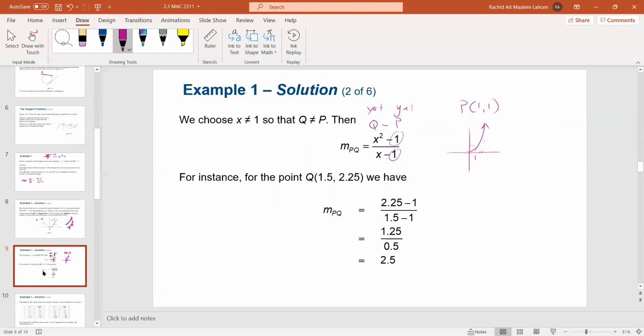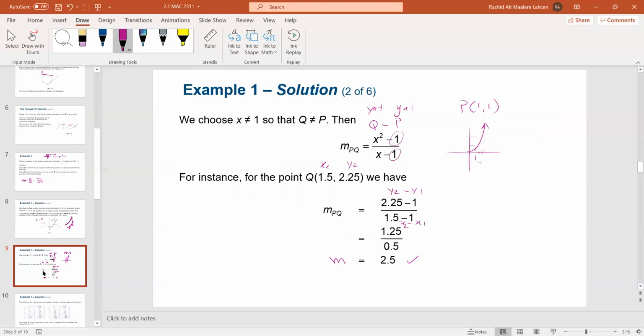We try to stay close, but some number after 1. So let's say we take 1.5. So this will be x2, and this will be y2. Then we get 1.25 over 0.5, and that gives us 2.5.